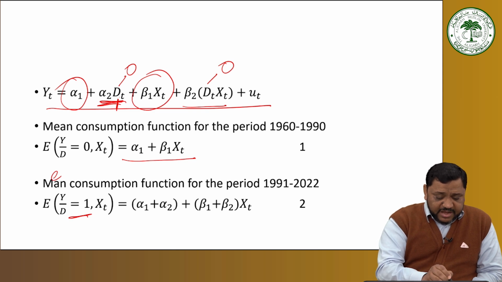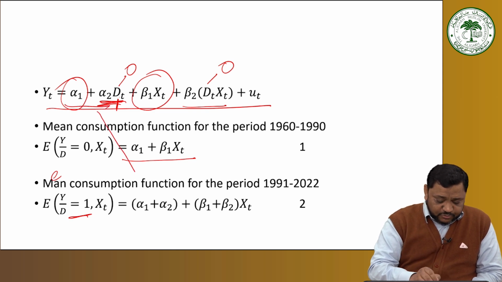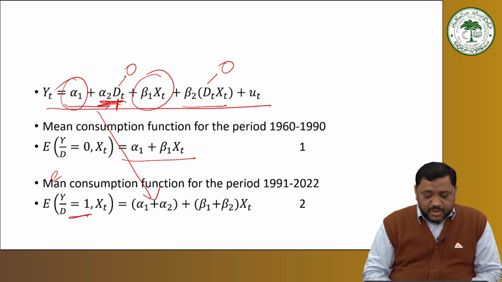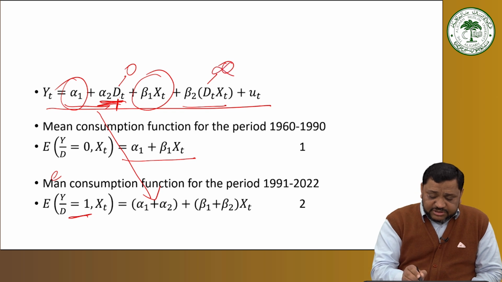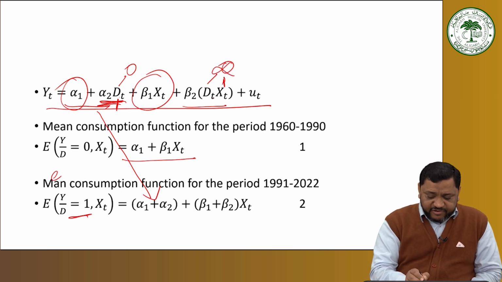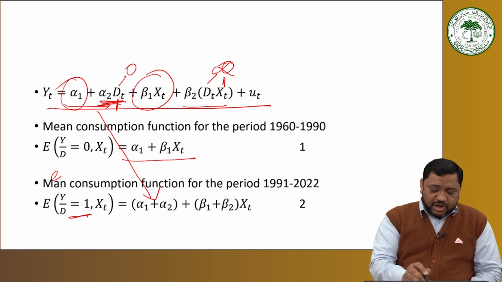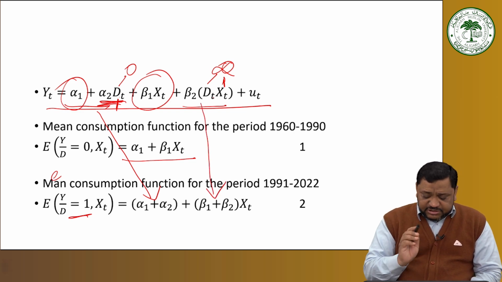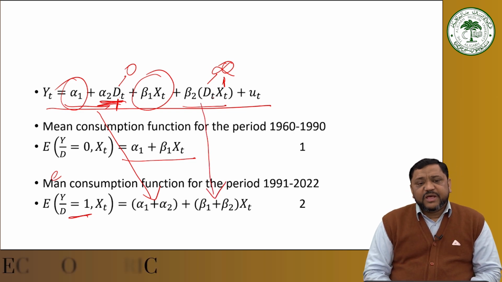So we get alpha 1 plus alpha 2. This is also not 0 anymore, so we combine this and write it as beta 1 plus beta 2 xt.